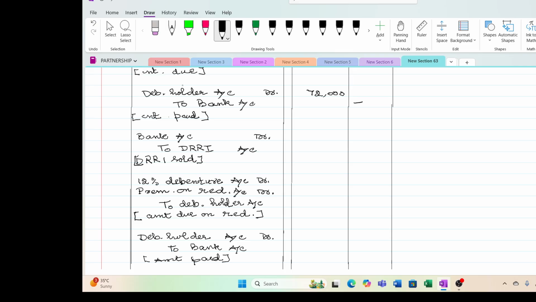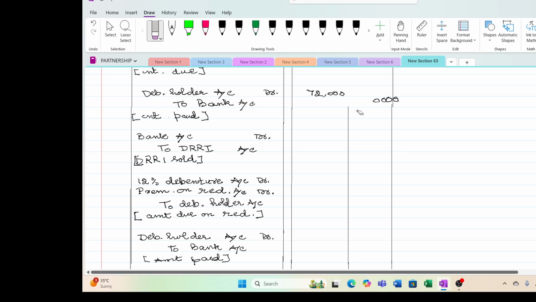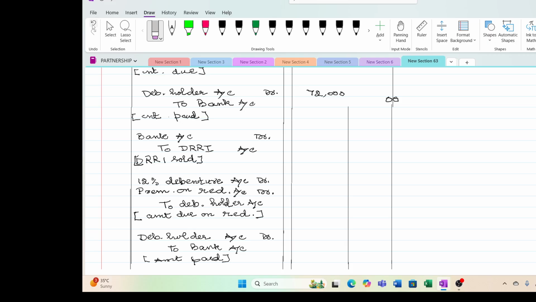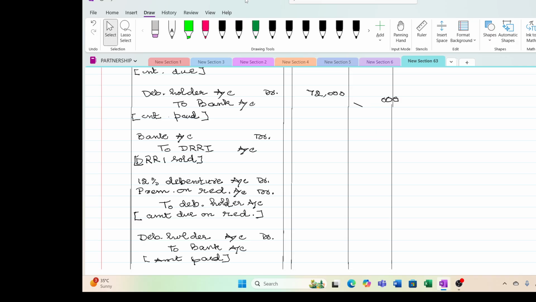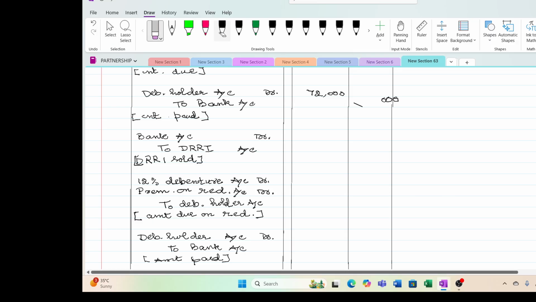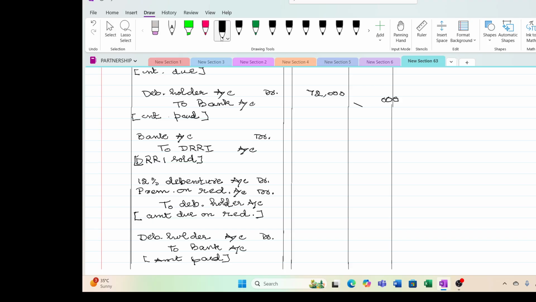So now we are making the payment of interest to the debenture holders, that is 72,000.